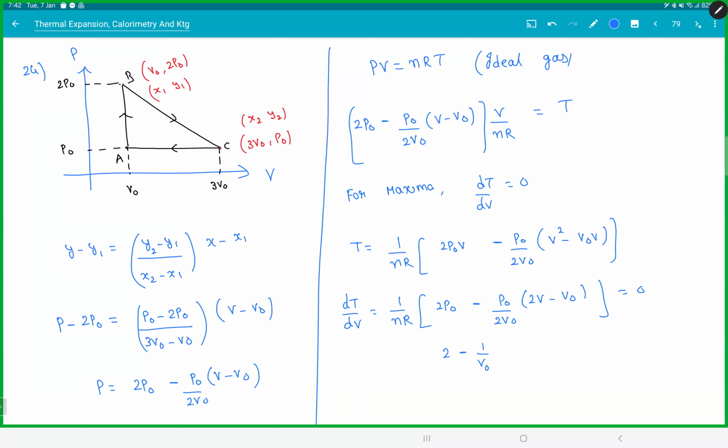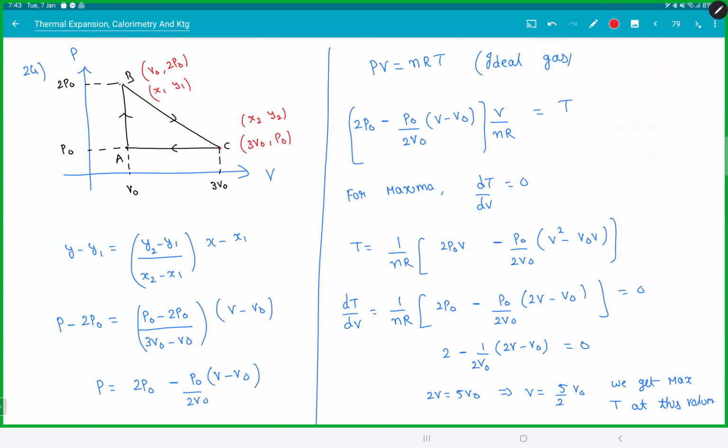This gives V is 5 by 2 V0, meaning at this volume you're going to get maximum temperature, which is 2.5 V0.